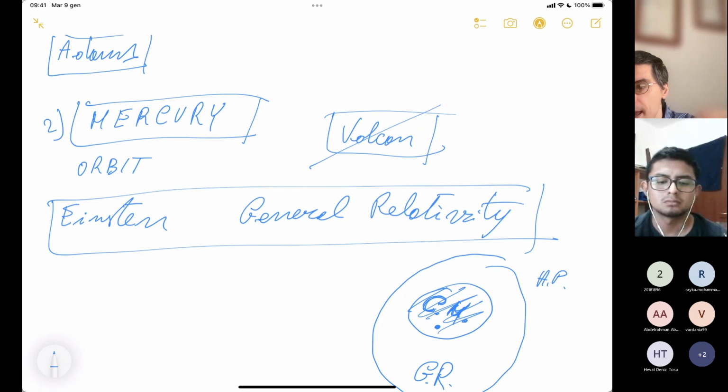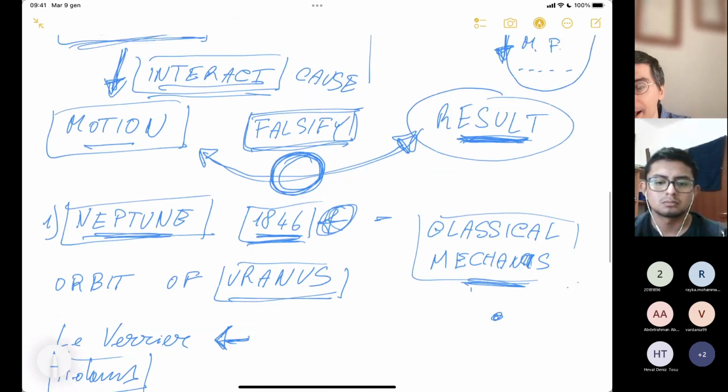So I can consider this process of falsification as a test, as a tool, which allows me to understand what is the limit, the range of applicability of our model.